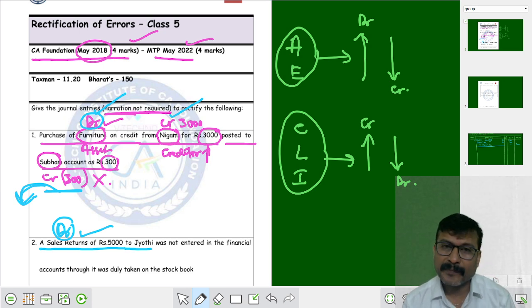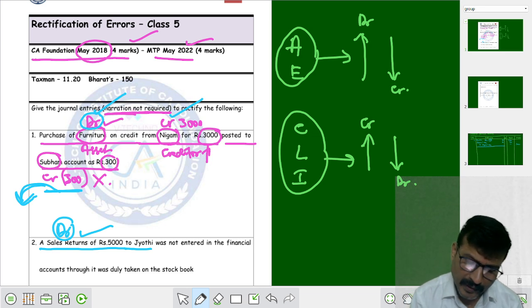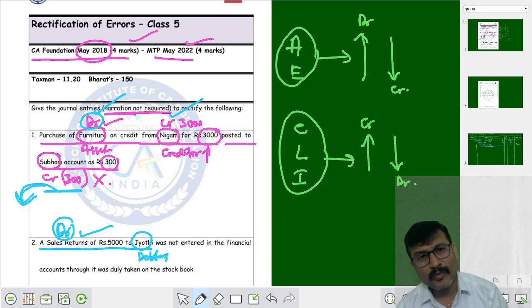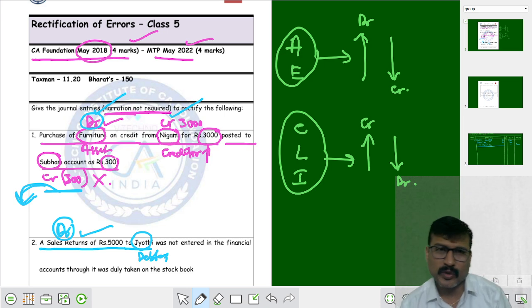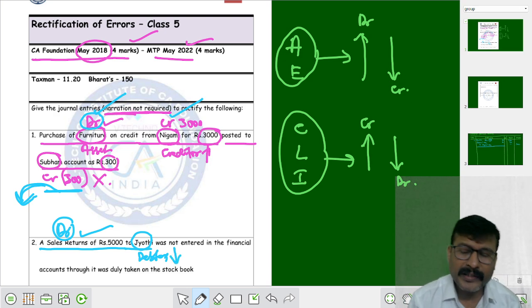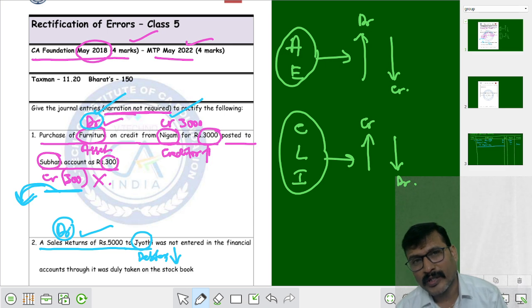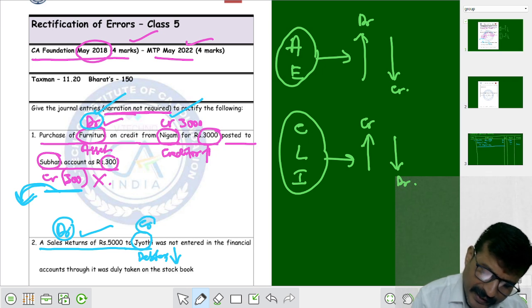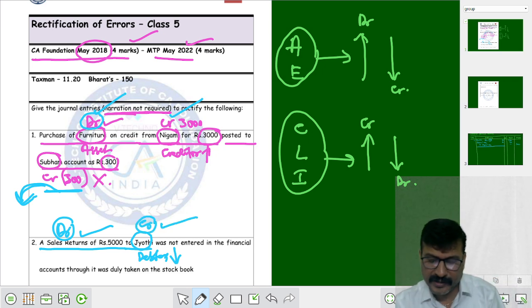Who is Jyoti? Jyoti is your debtor, right? When goods are returned by Jyoti, sales returns is to be debited. Jyoti means a debtor. When she returned the goods, the value of the debtor comes down, that is, asset decreases, it is to be credited. Correct credit.